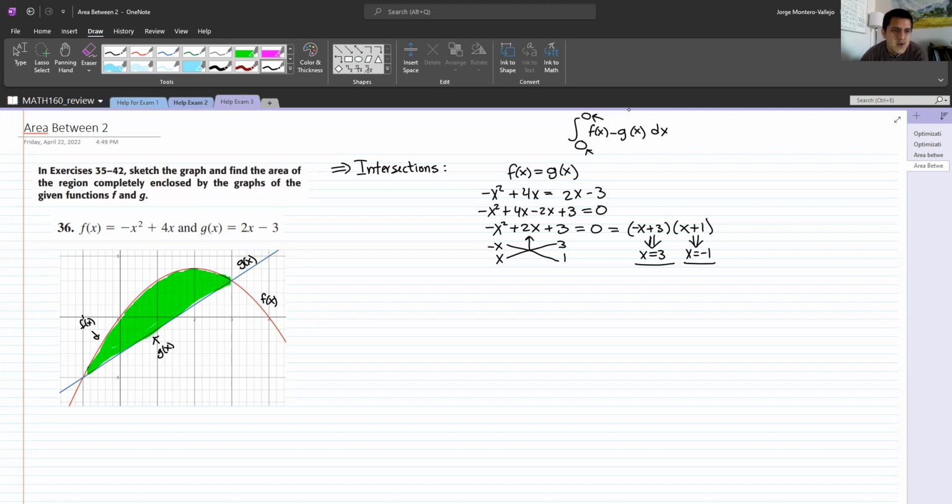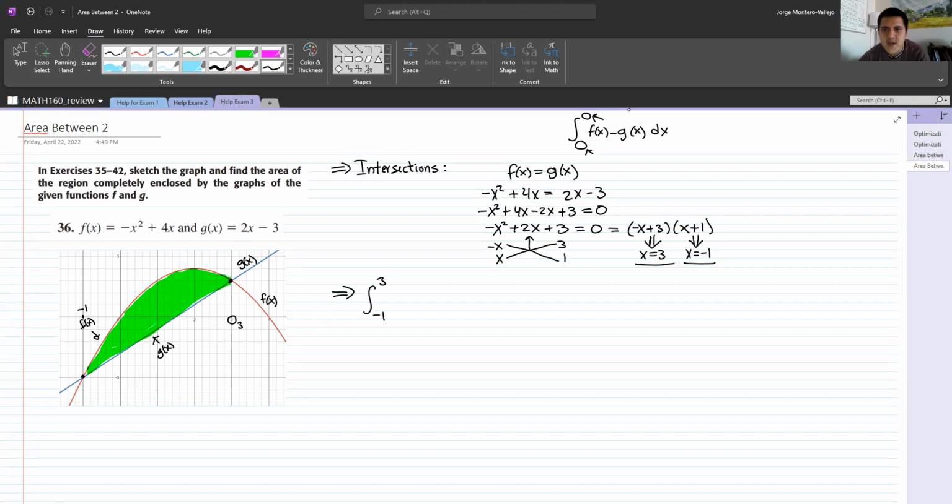So you see this point over here on the x-axis is -1, and the other one over here is 3. Sorry, I just covered the 3. This is 3, right? So this point has x component 3. So then your integral will be from -1 to 3.